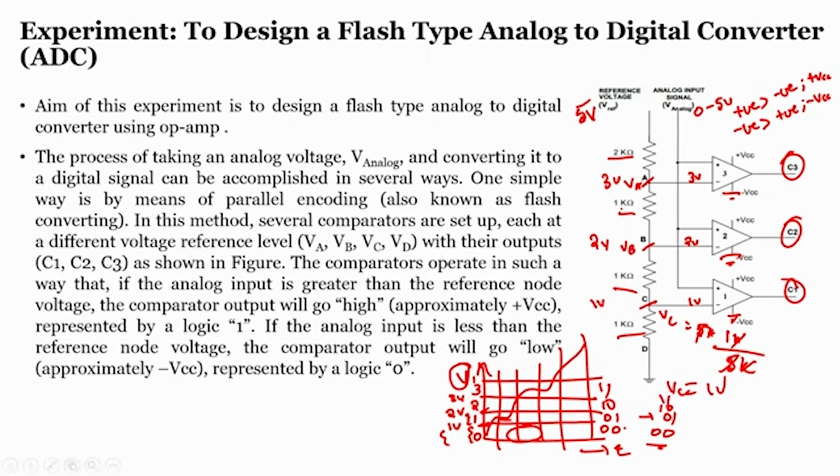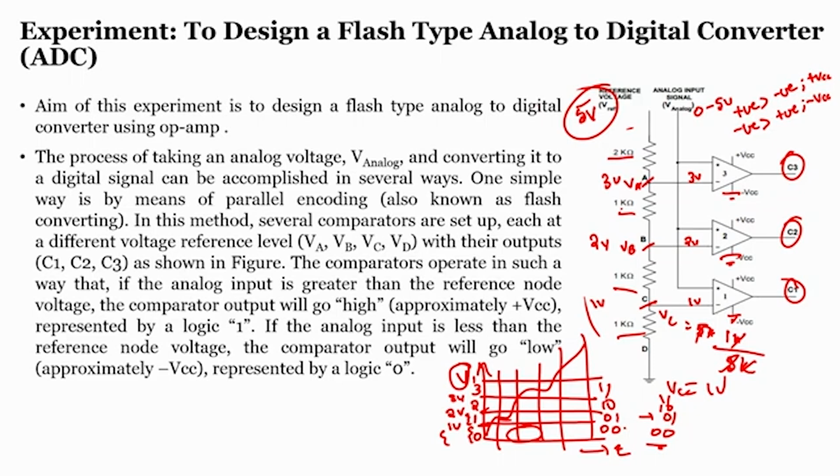So it depends upon what resistors you are choosing here, and what reference value you are choosing here. The complete precision or the resolution of the reference levels depends upon how many bits you are using and what reference value you are using, right.